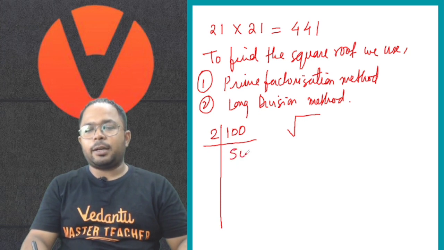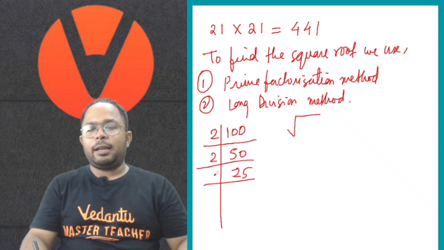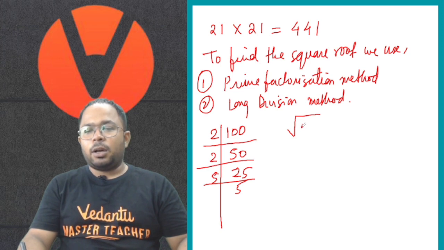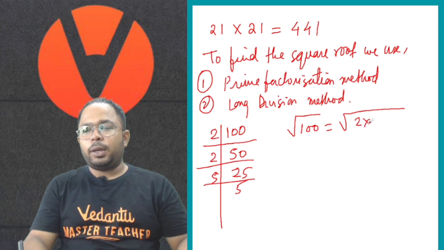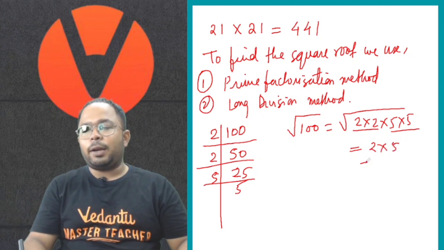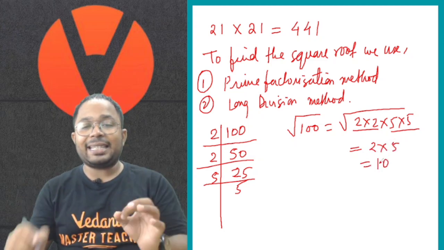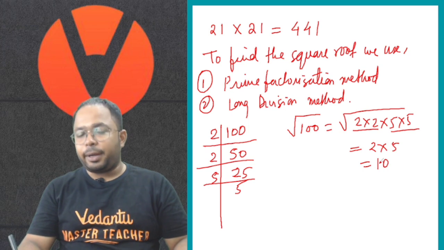We divide 100 by 2, so it's 50; 2 25s are 50; then 5 5s are 25. So 100 can be written as square root of 2 into 2 into 5 into 5. If we make the pairs, ultimately we get 2 into 5, which is 10. So 10 is the square root of 100.